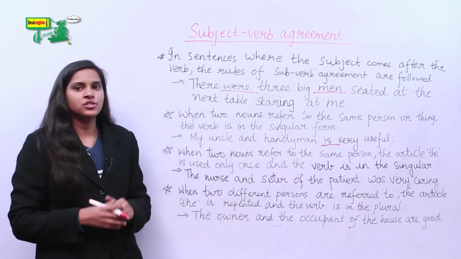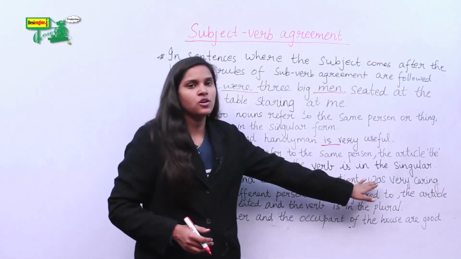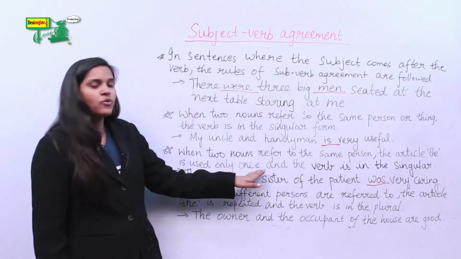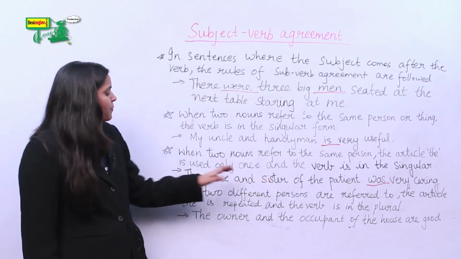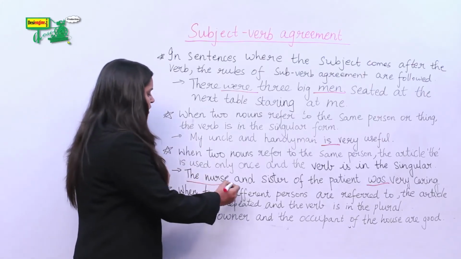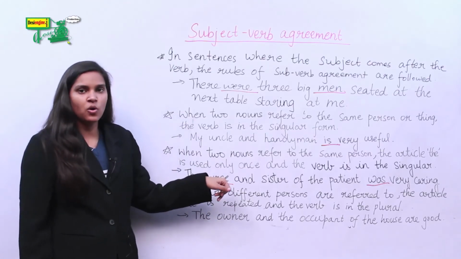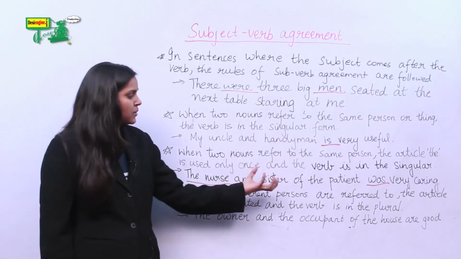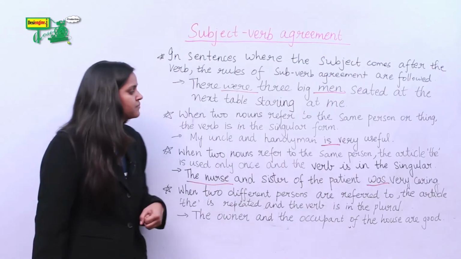Therefore, the verb which is used is in the singular form, was. One thing to be remembered is the article the is used only once with the nurse because here the nurse and sister refer to the same person, that is the patient.